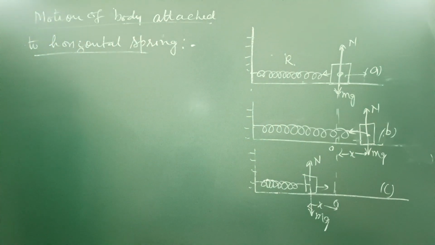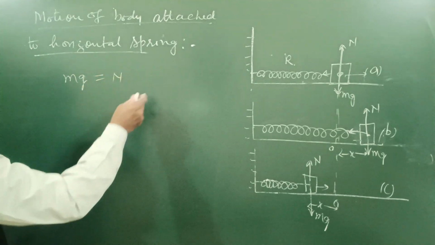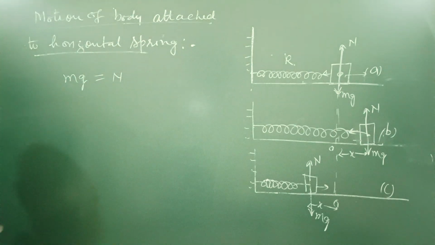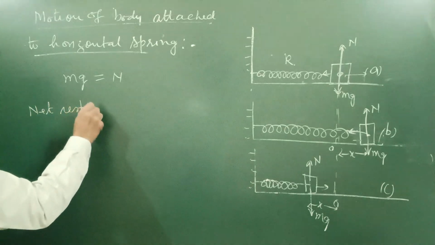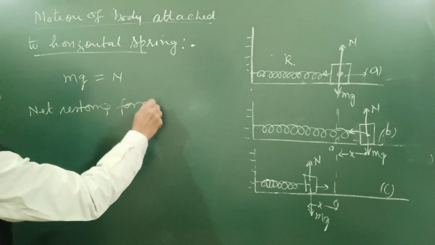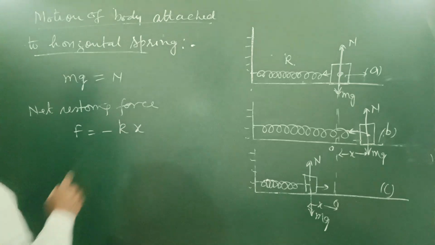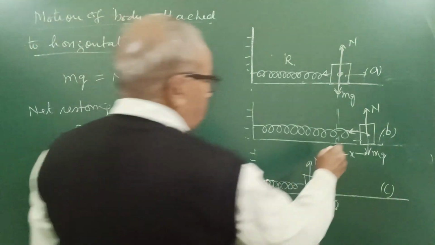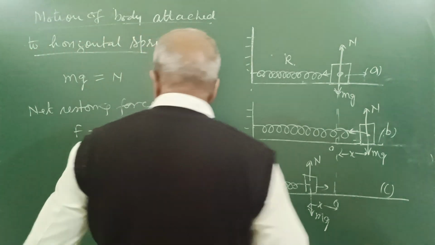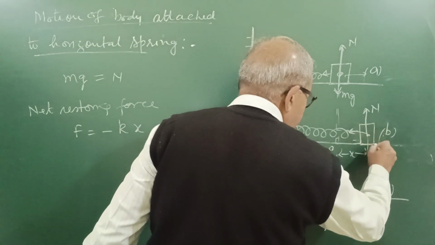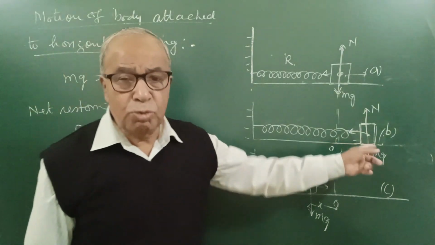Always from the equilibrium position, the force acts. So here mg is equal to N, no net force in the vertical direction, but a net restoring force F is equal to minus kx, where k is the spring constant, x is the increase in length. This force F acts on mass m due to the spring.